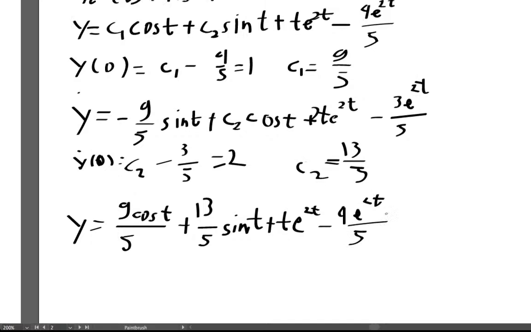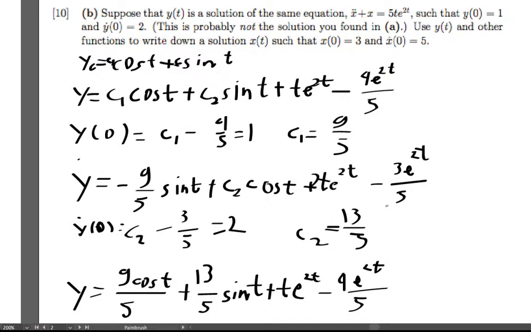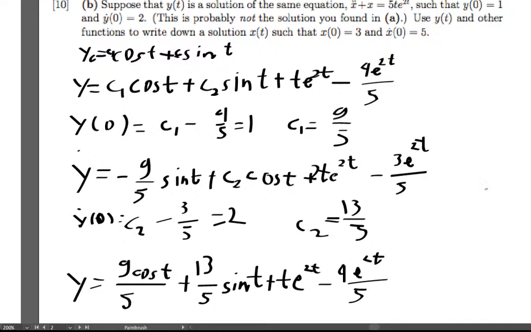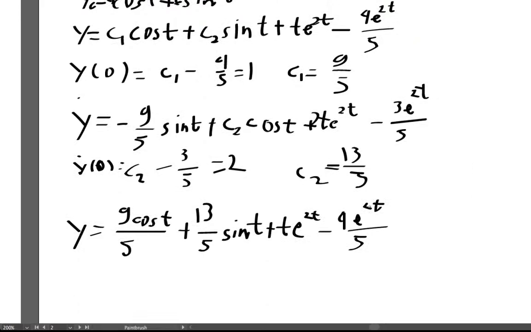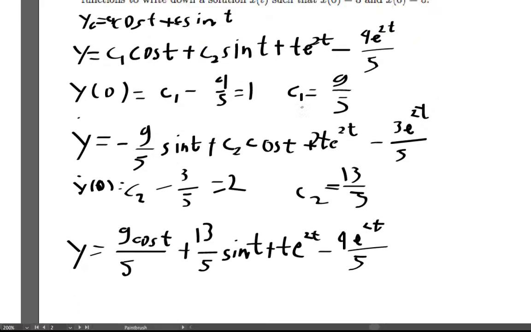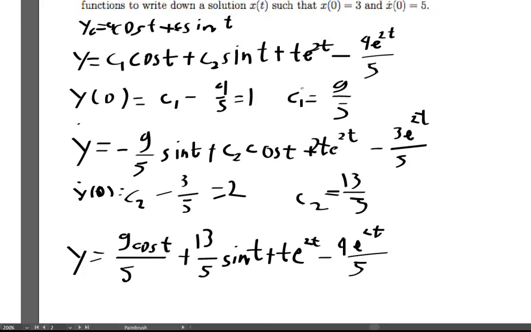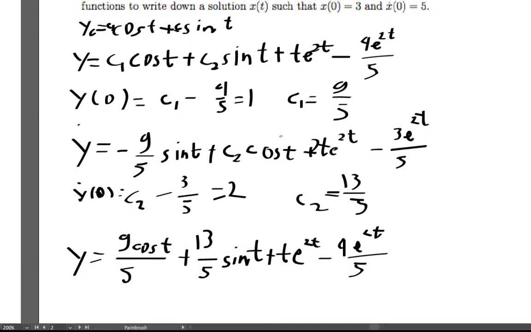And now we have this other problem here. When x of 0 and x dot 0 are given, use y of t and other functions to write down the solution x of t such that x of 0 is 3 and x dot 0 equals 5. It is only a bit different, but generally the same.